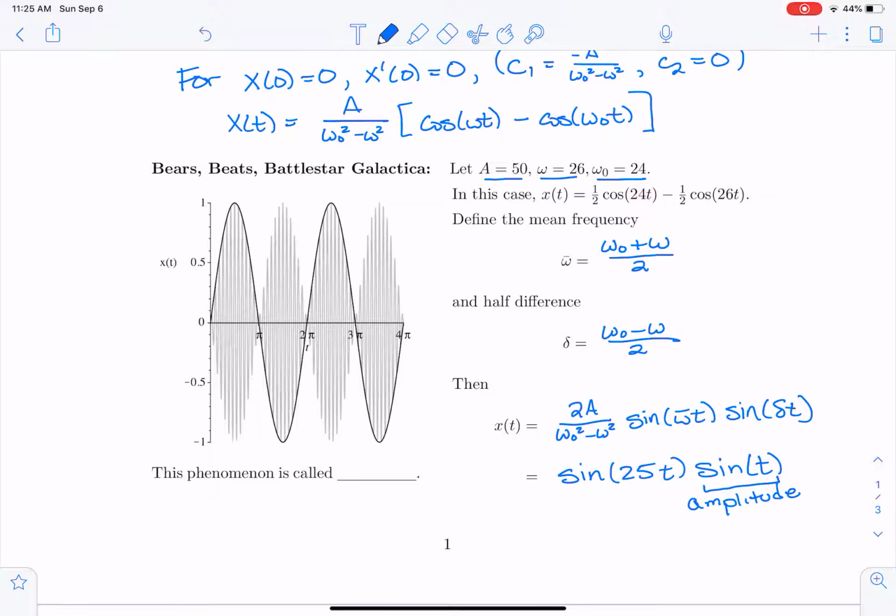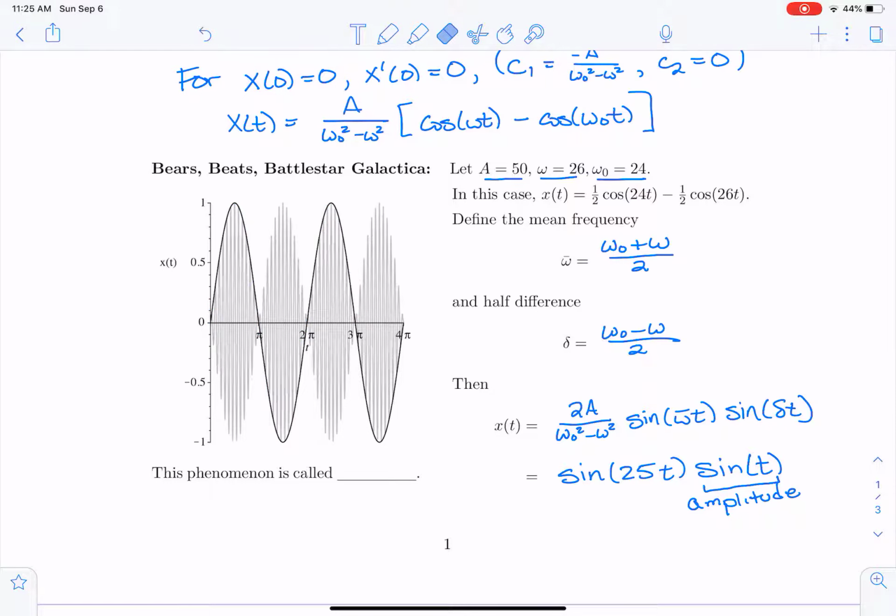And so what I've done is I've plotted this on the left, and you can see the slower oscillation, sine of t, which is this black line here. And then that actually creates an envelope for the faster oscillation. So underneath that, you see the faster oscillation, whose amplitude is changing over time.